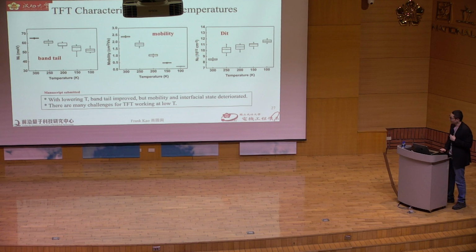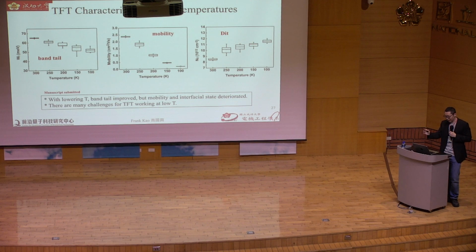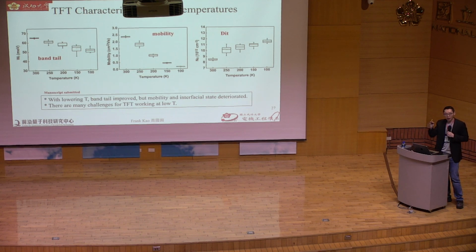And we extract the device parameters. Here I show you the band tail against the temperature. You see it's decreasing because of the reduced thermal fluctuation. And the mobility is decreasing. That's because with a non-crystalline channel, the carrier transport mechanism is dominated by hopping.